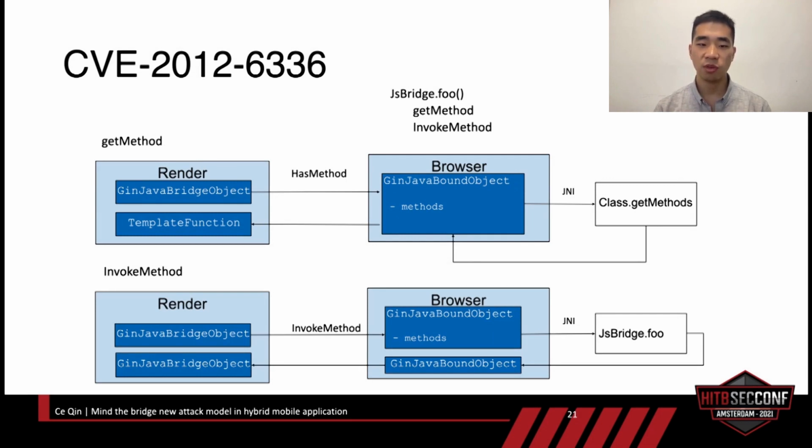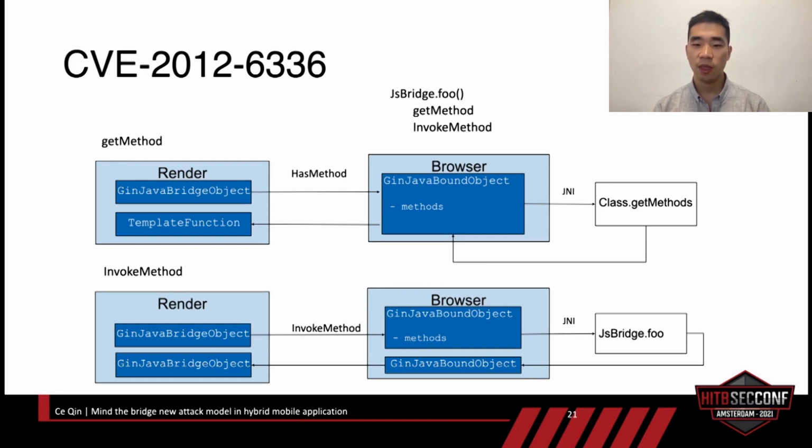As we said before, the object we see from JavaScript is an empty V8 object, so the renderer will transfer the hasMethod request to the browser model and invoke the Java built-in function class.getMethod through JNI. Certainly, there will be a cache in the GenJavaBound object.